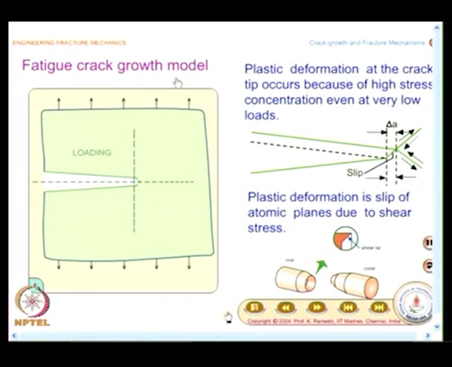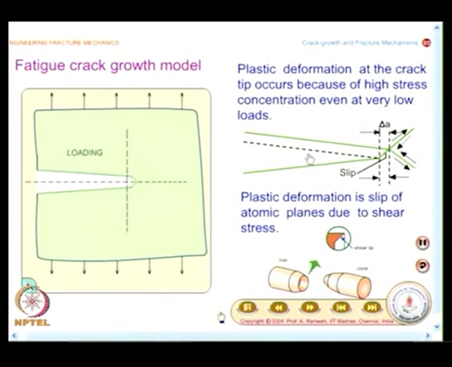After having looked at the solution by English, you would agree that there would be excessive plastic deformation present at the crack tip because of high stress concentration even at very low loads.